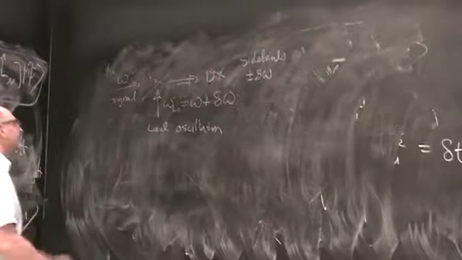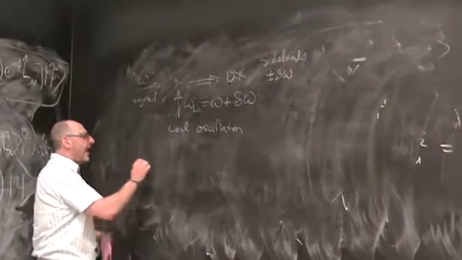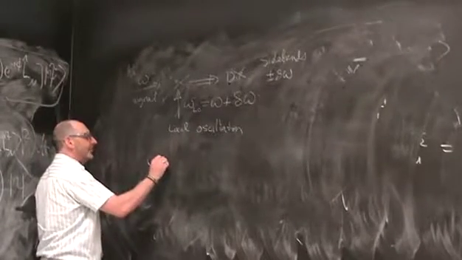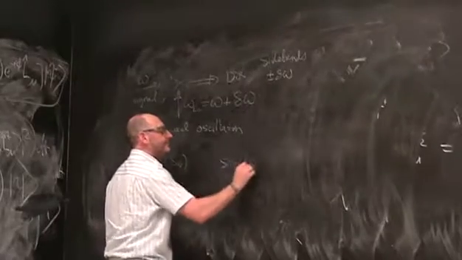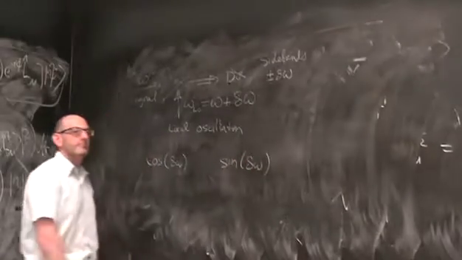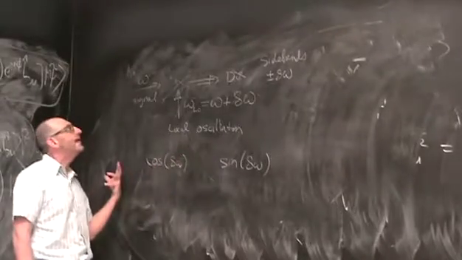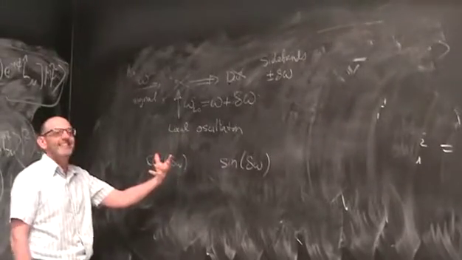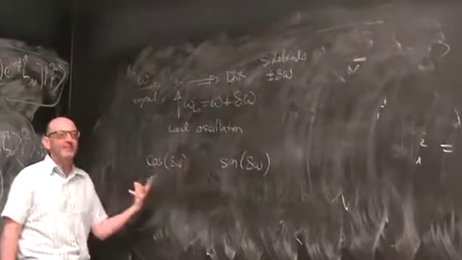So what that means is that I'm going to have a signal that's oscillating. I'm going to have a cosine part and a sine part, which means that I have these two quadratures. I can measure effectively not just x or p, I can measure x and p at the same time.